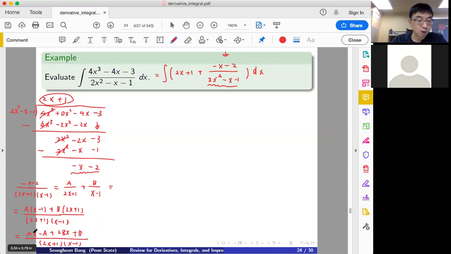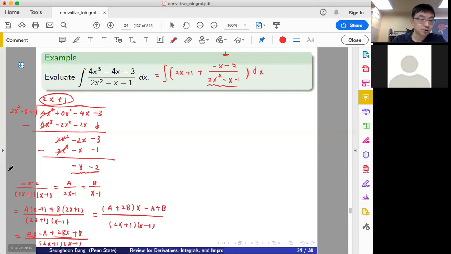The next, combine x terms. Ax plus 2bx is a plus 2b, times x. The remaining part is negative a plus b, over the 2x plus 1 times x minus 1.